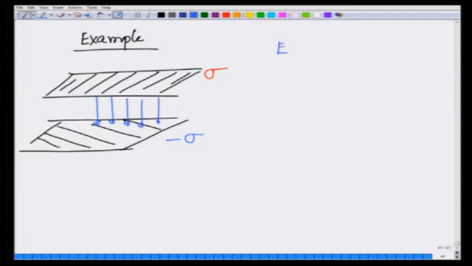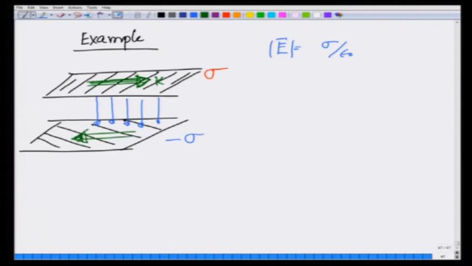The electric field is going to be sigma over epsilon 0, the magnitude. Suppose now they also carry a surface current K going to the right side in the upper plate and to the left in the lower plate.